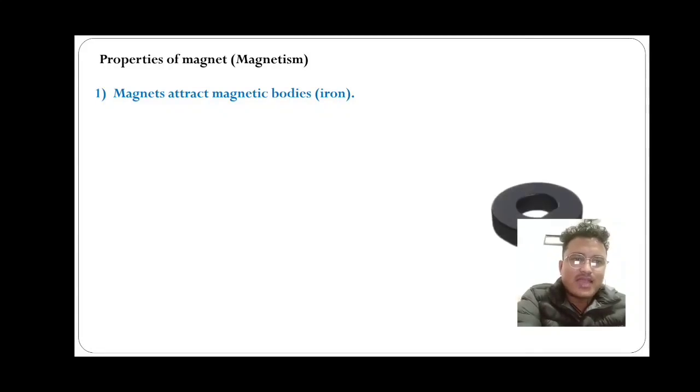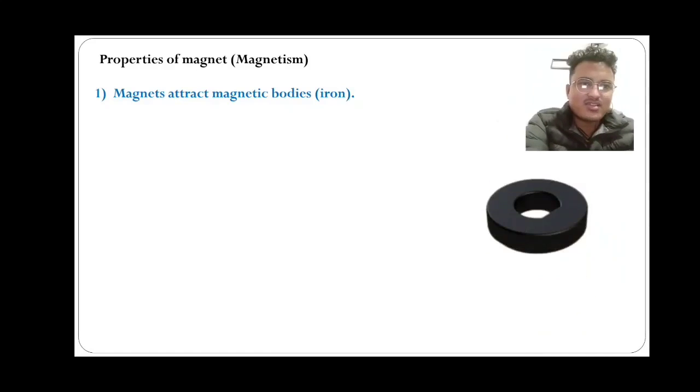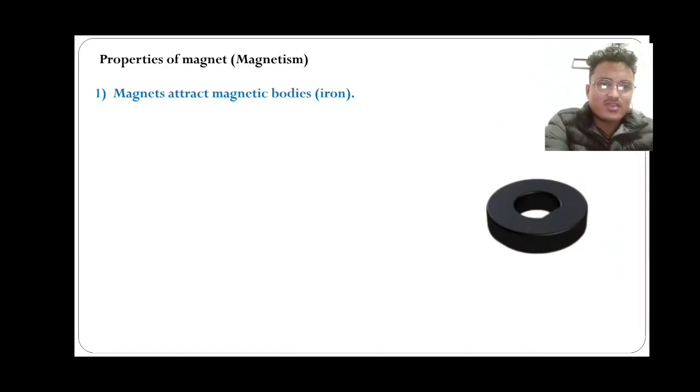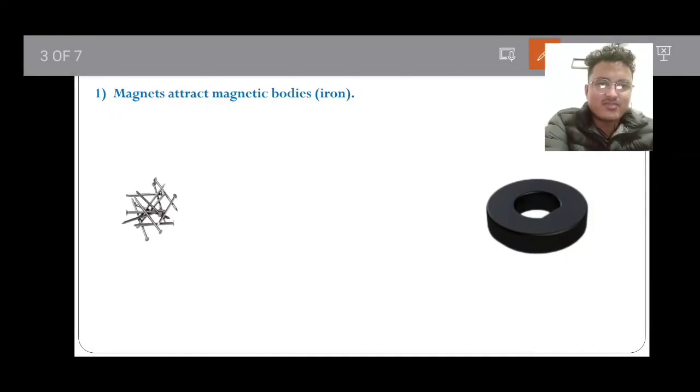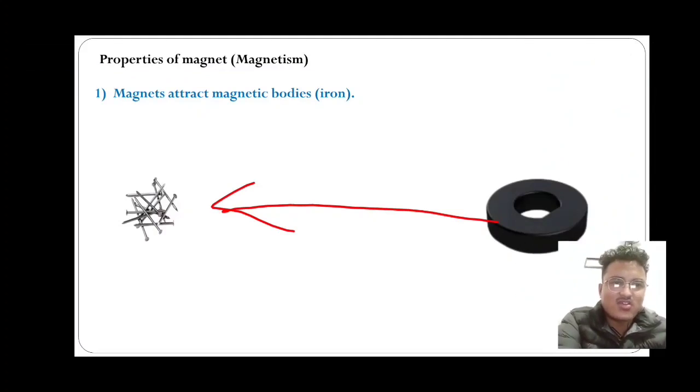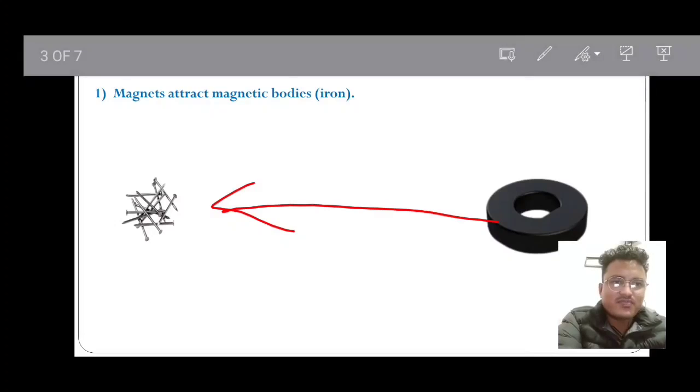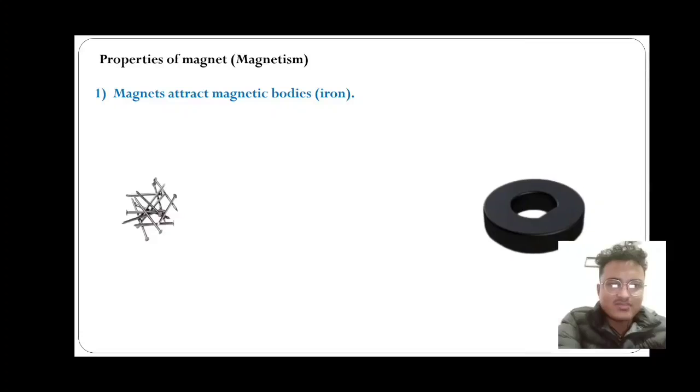If we keep a magnet, I'm going to keep my video popping at the top right corner now. You can see there's a black colored magnet and there are some iron nails. There's a decent distance between them right now, so there's no attraction going on because the nails are not in the coverage of the magnetic field yet. But as we bring the magnet close to the iron nails, see what happens.